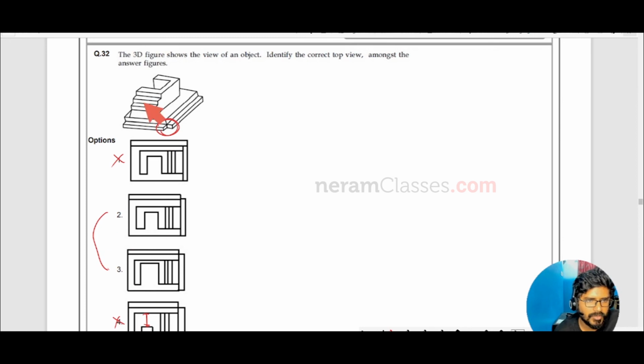This can be filtered out based on these two square lines here, which are of equal length, and it's also very thin here. This portion is very thin here, and here it's of very nominal size, and the options are also comparatively of the same length. So if you compare these things with this, option 3 is the wrong answer, and 2 has to be the right answer for this question.